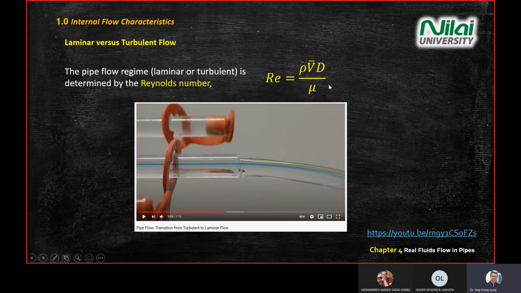And the viscosity is linked with the medium, the characteristic of the fluid itself. All right, so remember, there are four parameters that are able to affect the pipe flow regime, whether it's laminar or turbulent flow.